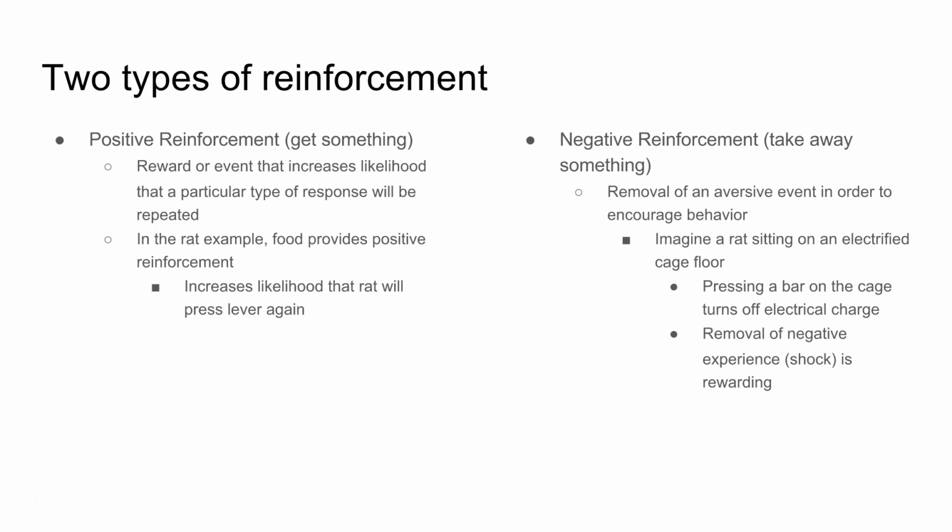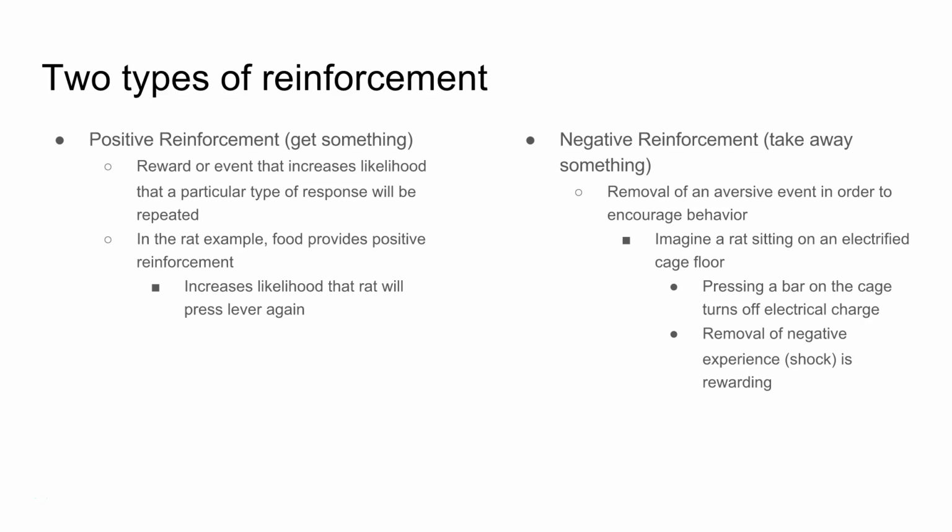On the flip side of that, we have negative reinforcement, which is when you take something away. It is the removal of an aversive event to encourage behavior. So it's better to just think of it as removal of something. So imagine that there's a rat in the same box, but the cage floor is electrified.